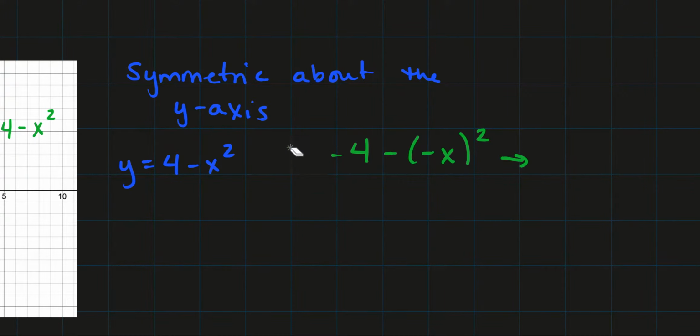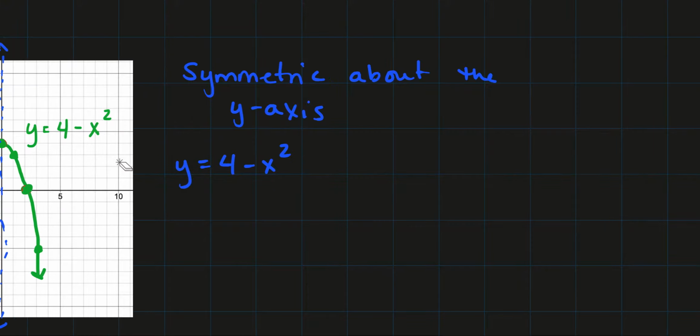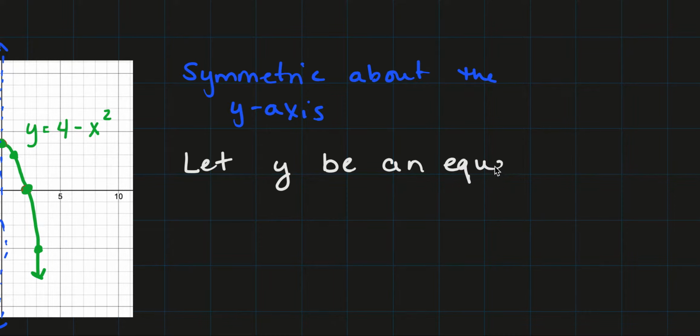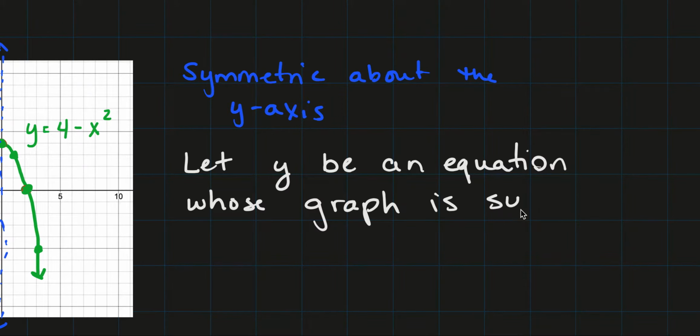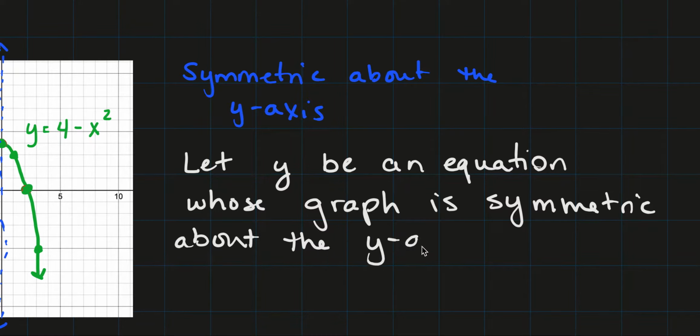So something else I could ask you on your homework, if I tell you that you have a symmetric graph, so I say, let y be an equation whose graph is symmetric about the y-axis. So I'm not giving you an equation, I'm just telling you that you have an equation that's symmetric about the y-axis.